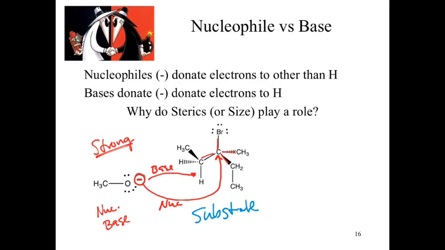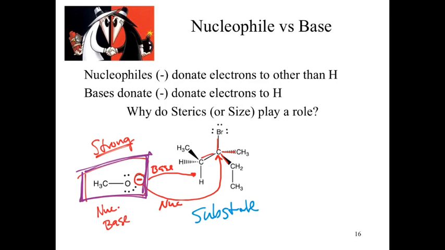So in this case, with this potential nucleophile or base, we've got ourselves kind of in a pickle here, because it can act as both a base and a nucleophile. Because it's small, it can act as a nucleophile, and because it's negatively charged, it can act as a base.